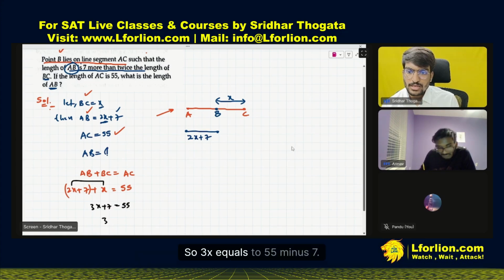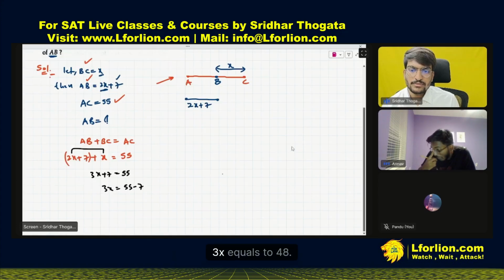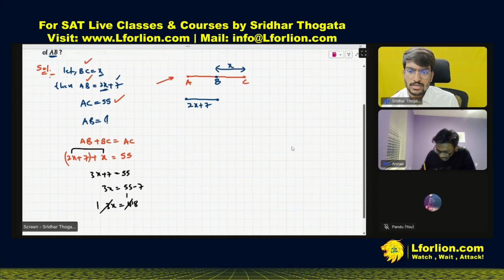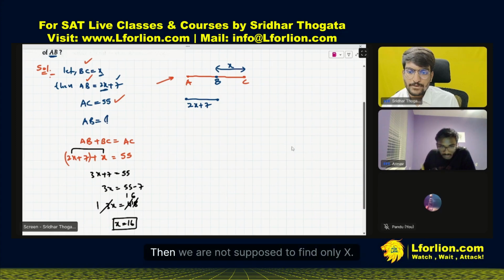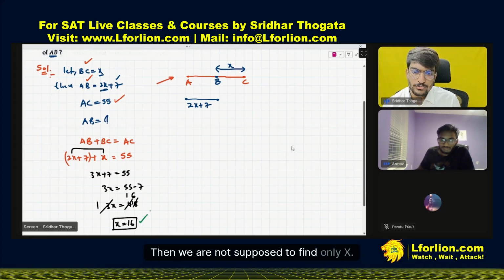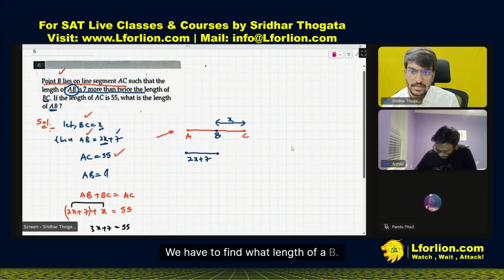So 3x equals 55 minus 7, which is 48. 3x equals 48. So 3 times 16 is 48, so x equals 16. Then we are not supposed to find only x. We have to find the length of AB.